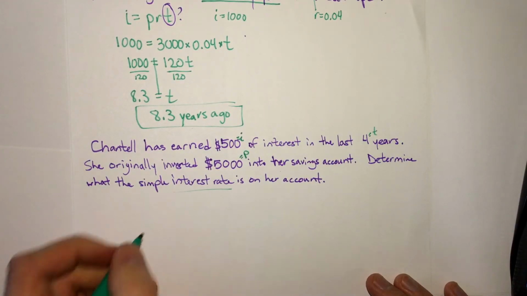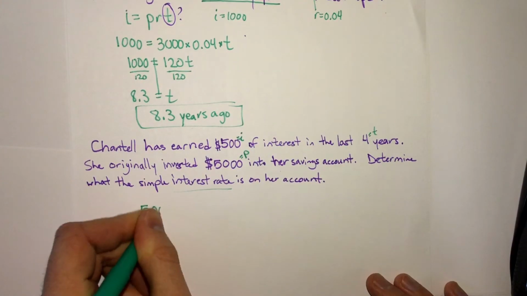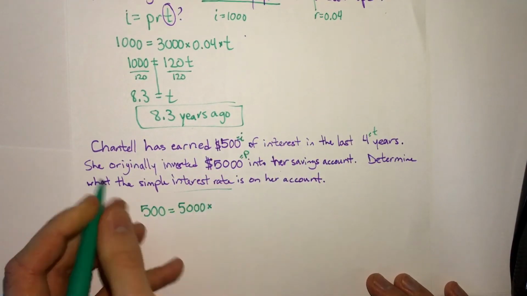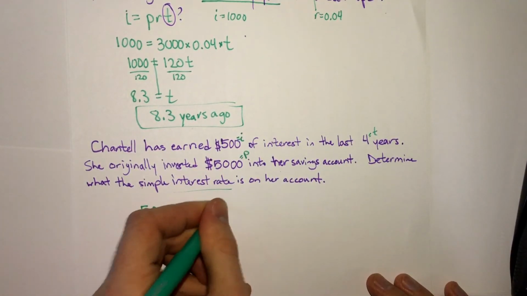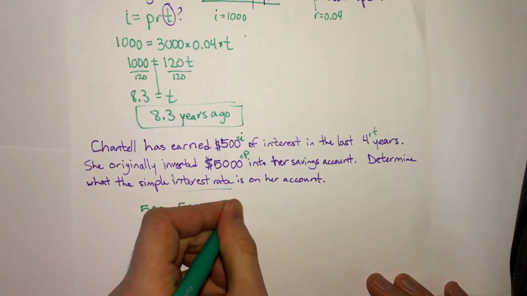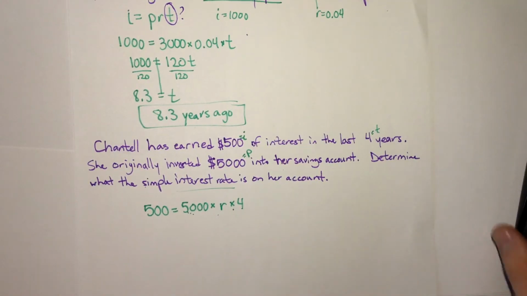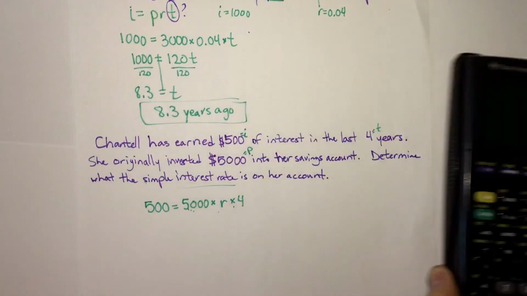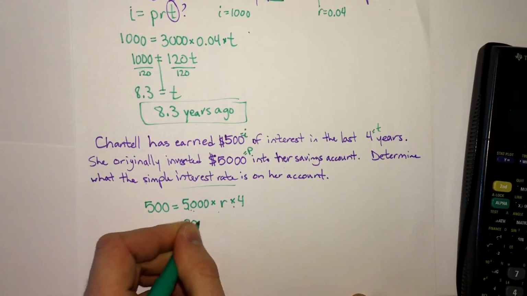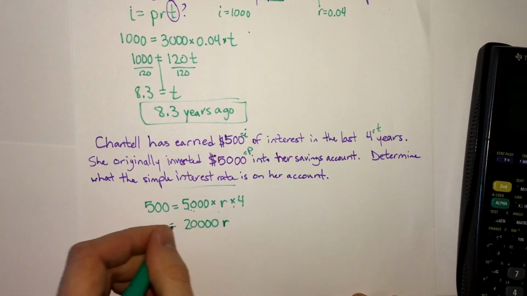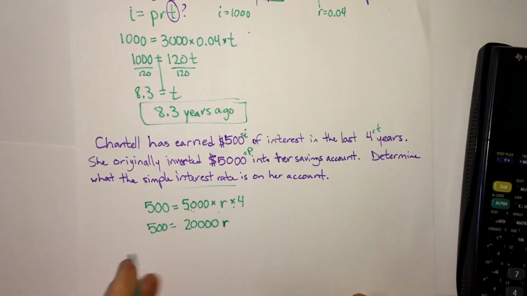There's our P. So we can put 500 equals 5,000 times R, which we don't know, times 4. Now, multiplying, remember it doesn't matter what order we multiply, so we can do 4 times 5,000, which is 20,000. And we still have our R, equals 500.